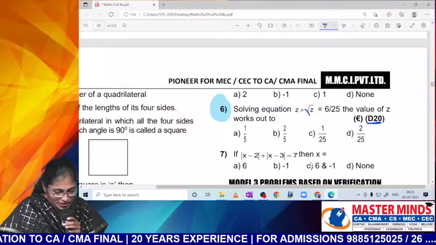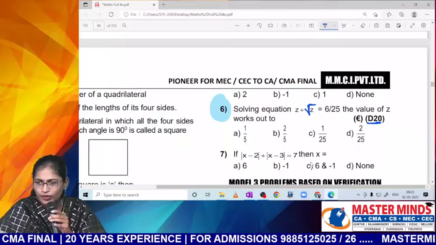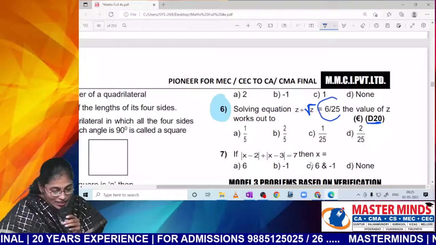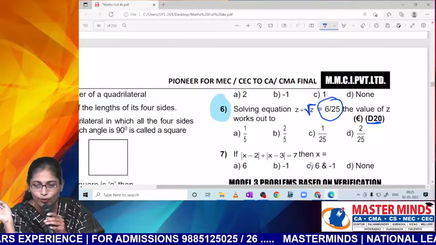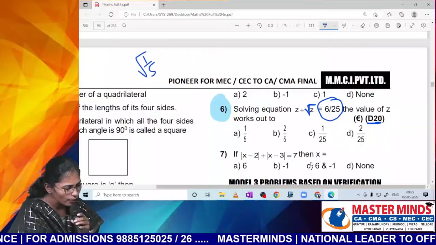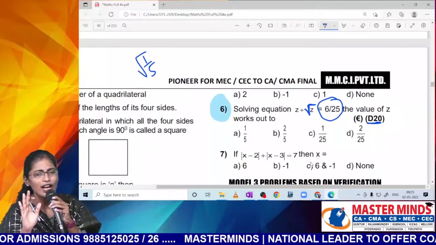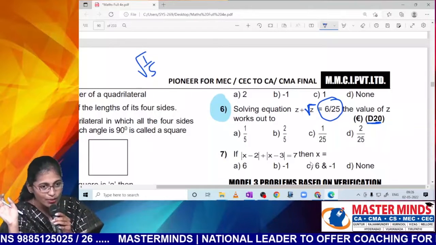Nana, who is there in the second partition, whether it is z or root z? But look at the right side value. Is the right side value inside the root or outside the root? If I took 5 in the numerator or denominator, will I get a decimal value or a perfect integer? Absolutely a decimal value, right?